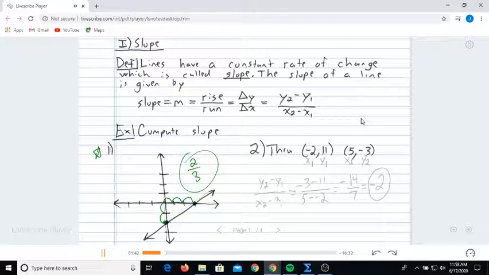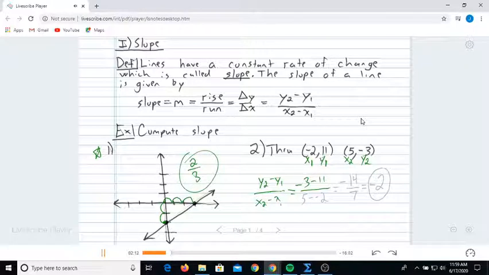Now you can figure that out visually like we just did. You can also figure it out with coordinates, which is what we're going to do in example 2, determine the slope via coordinates. And a lot of students and a lot of people like to label the coordinates. So there's my first point, x1, y1. Here's my second point, x2, y2. And then it's a straightforward application of the formula, y2 minus y1 over x2 minus x1. y2 minus y1 is negative 3 minus 11.